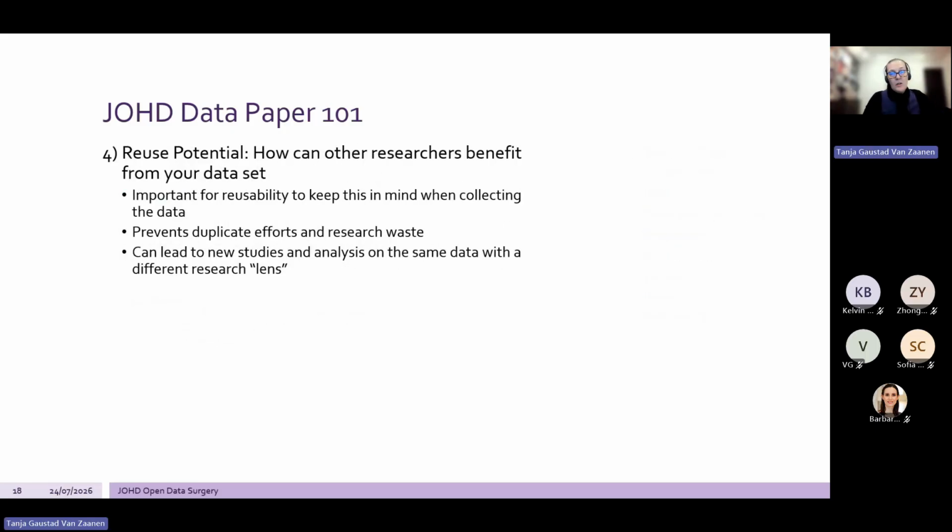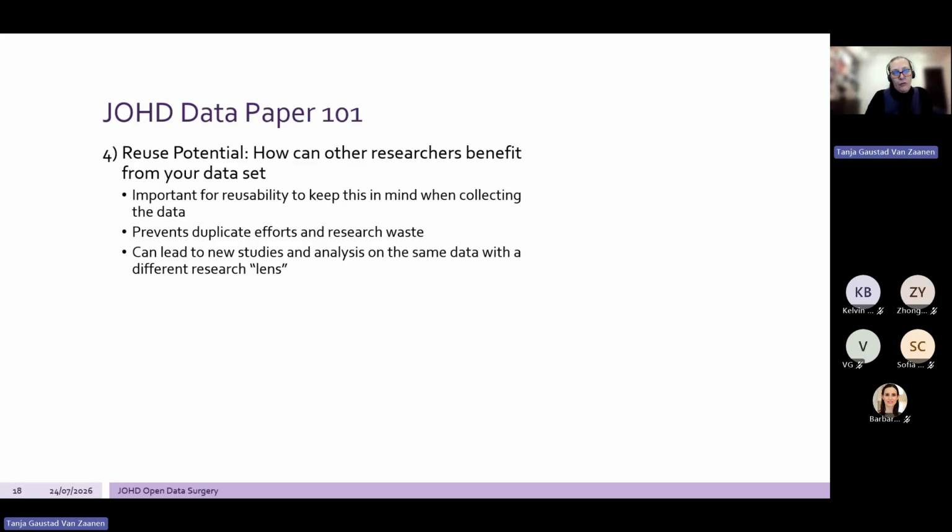Then the last bit is the reuse potential, and I think it's really nice that it is included in the JOHD papers, because it gives you a bit of a wider view on what you do. Quite often we get stuck in our little world.